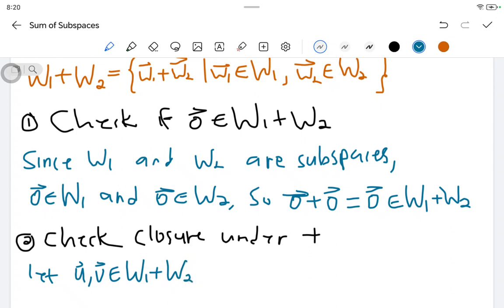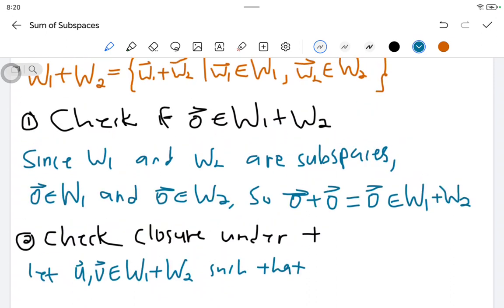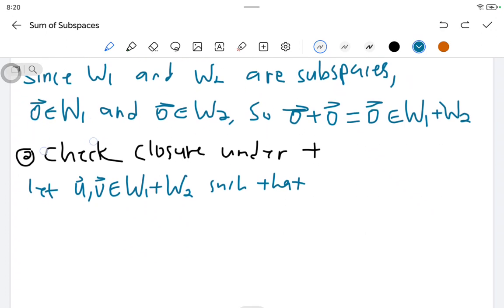Then u will be defined from this and v will be defined from that.